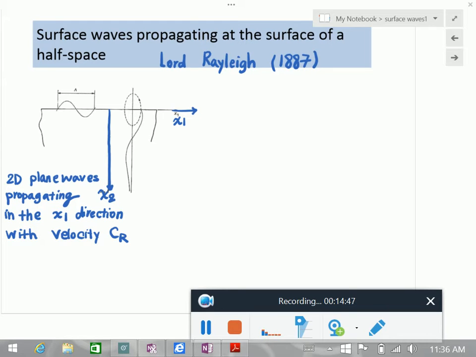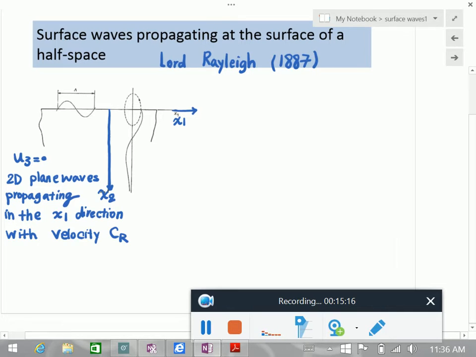So we are considering 2D, so basically U3, I assume that there is no motion perpendicular to the plane. Lord Rayleigh said that this motion is confined to the area near the surface. So we assume that the displacements decrease exponentially with depth.